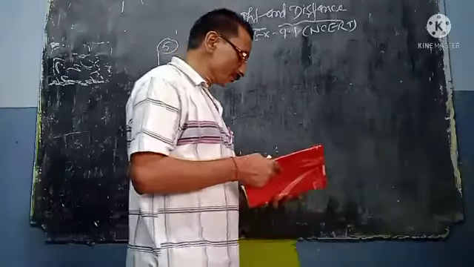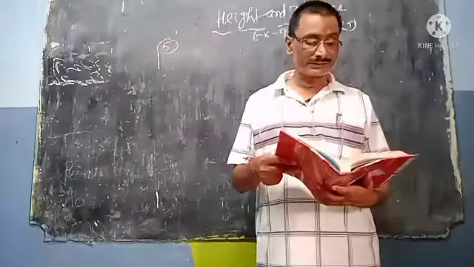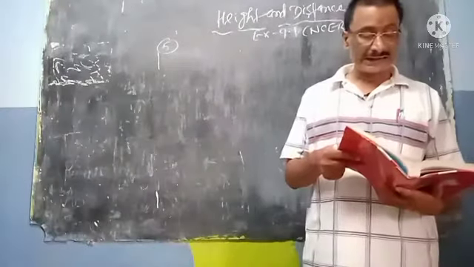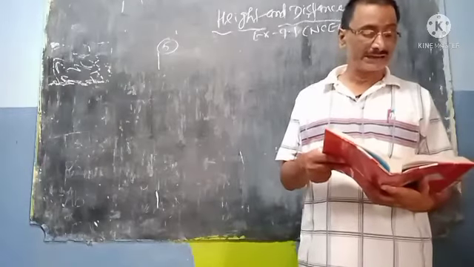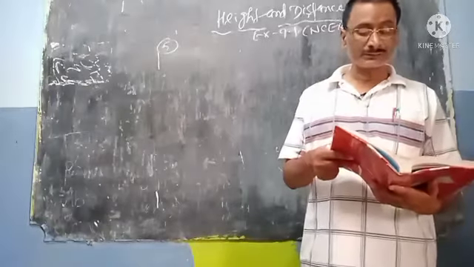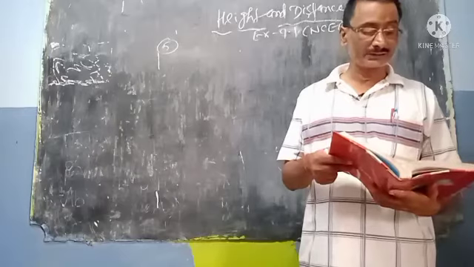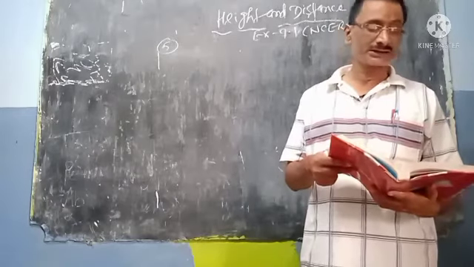Your question: a kite is flying at a height of 60 meters above the ground. A string attached to the kite is temporarily tied to a point on the ground. The inclination of the string with the ground is 60 degrees. Find the length of the string, assuming that there is no slack in the string.